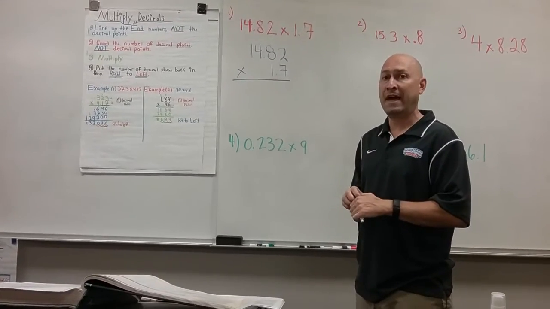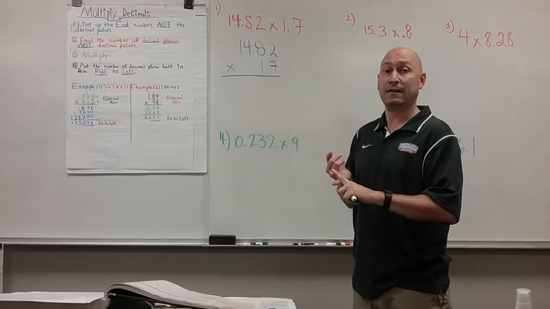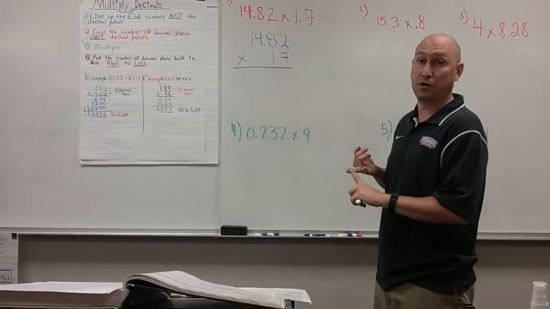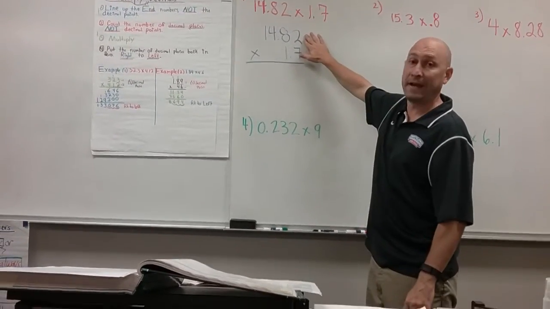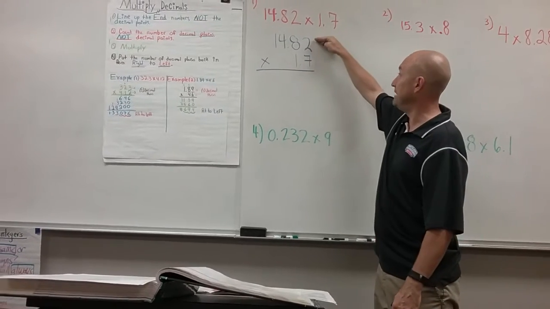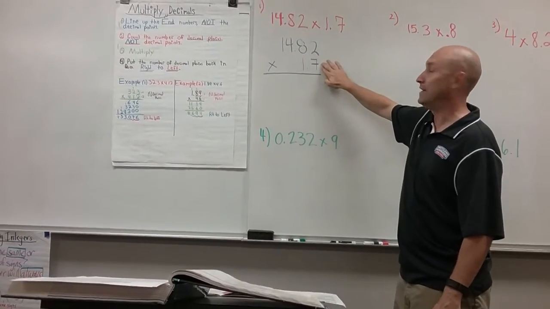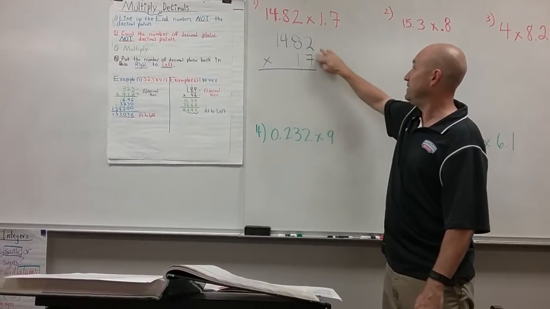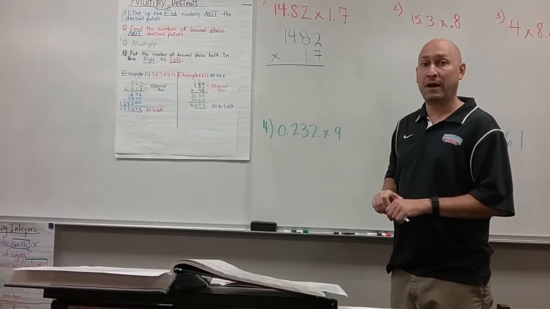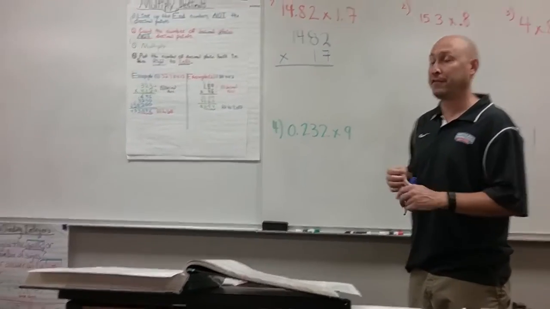Therefore, I know that I have the correct answer and that my decimal point is in the correct spot. So 14.82 is about 15, 1.7 is about 2, and 15 times 2 is about 30. So I know that my answer should be right around 30.